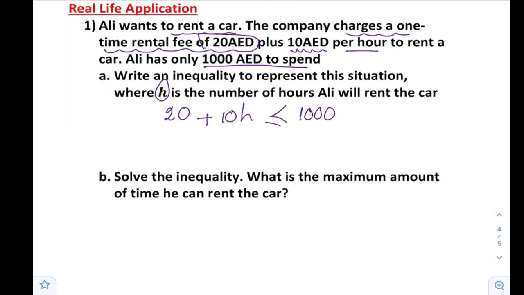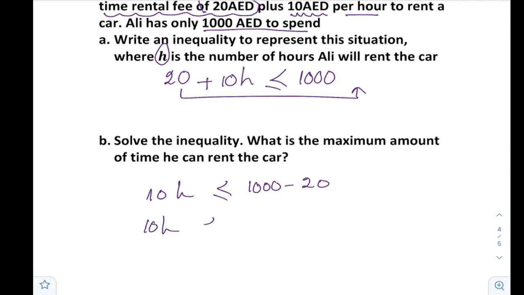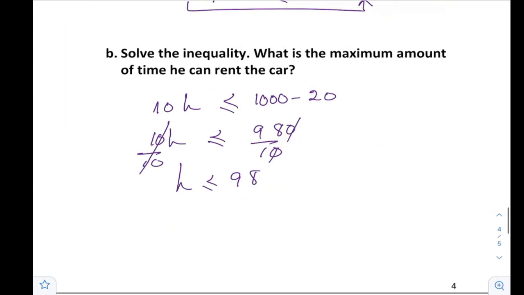Let's solve this inequality. To solve it, we will use the traditional way. What does that mean?